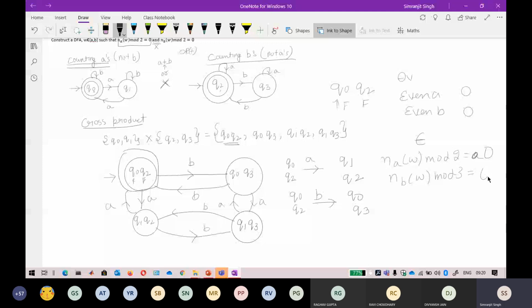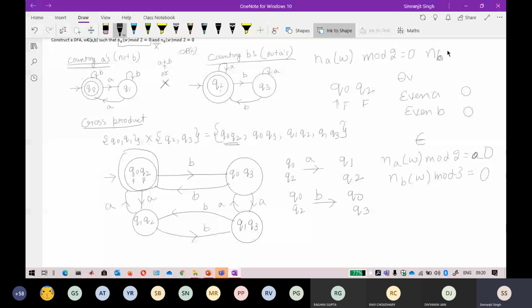The number of states is always a cross product here. If you look at this formula, it is just saying the number of a mod 2 is equal to 0, and the number of b mod 2 is equal to 0.